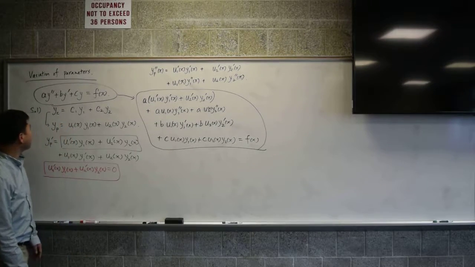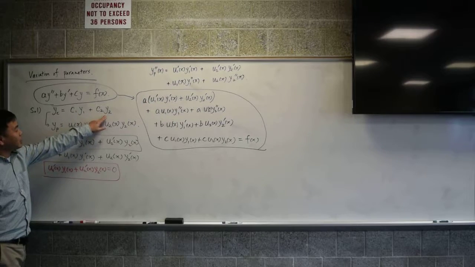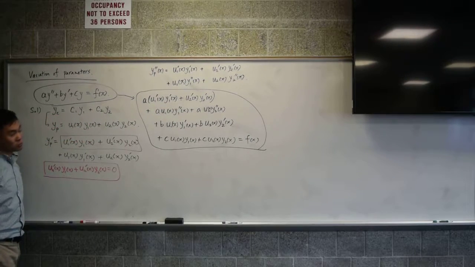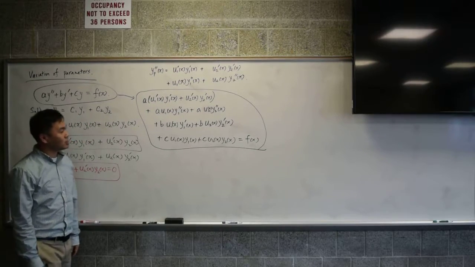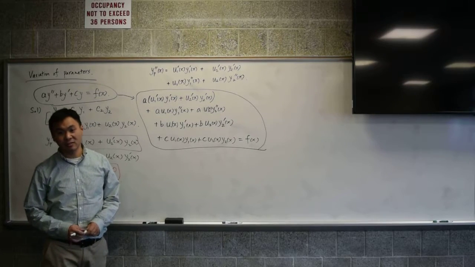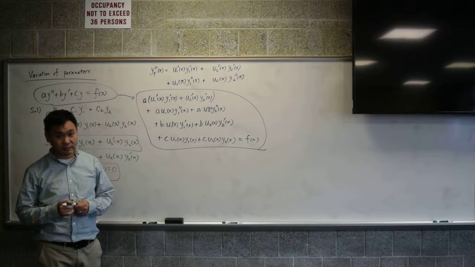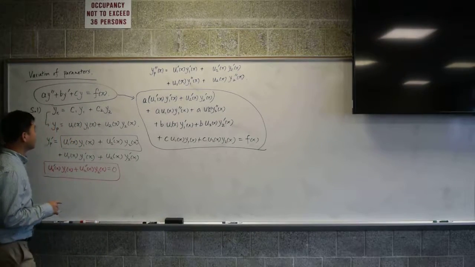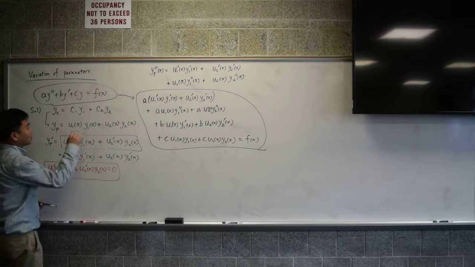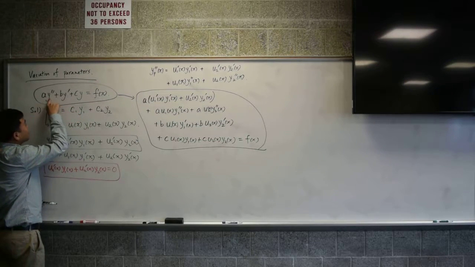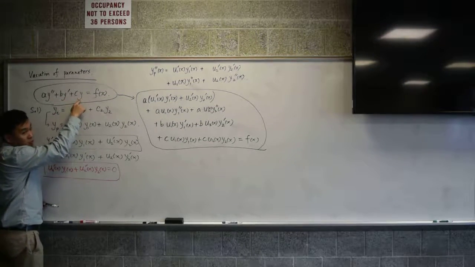And because y1 and y2 are the complementary solutions, you're going to see a lot of cancellation. What do you think will cancel? So think about it this way. If I plug in y1 on the left side, what would you get on the right side?